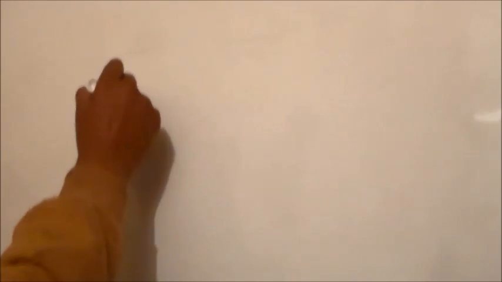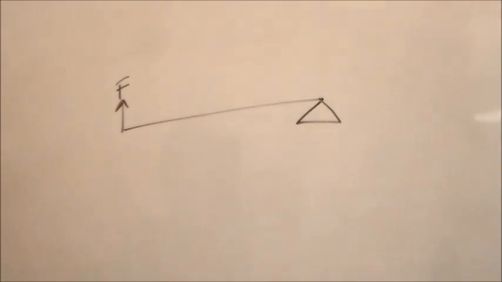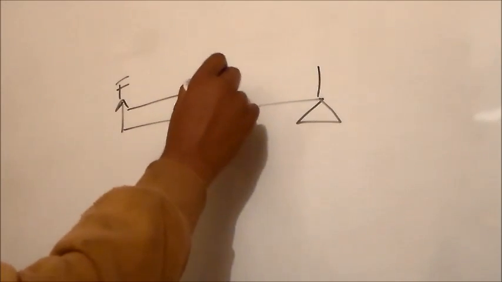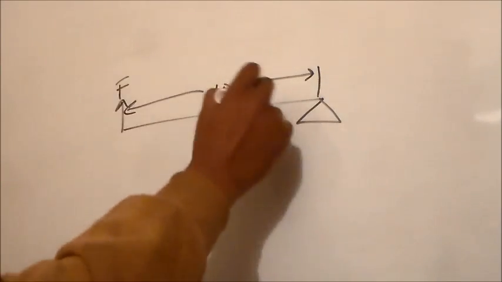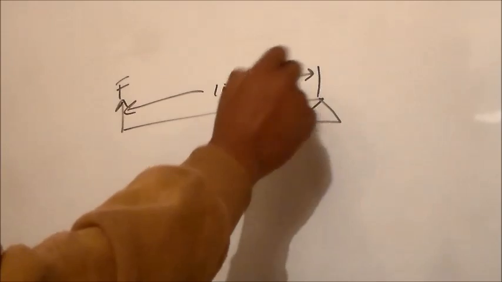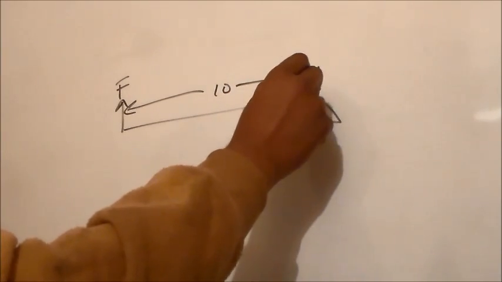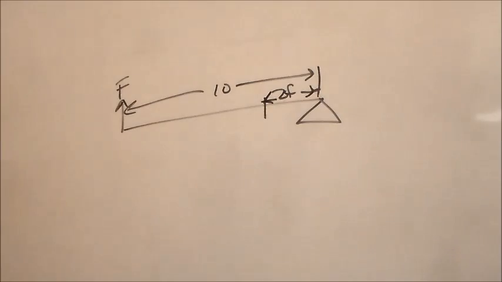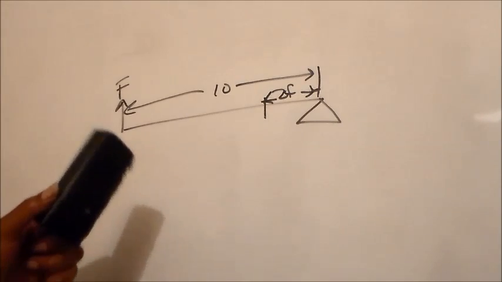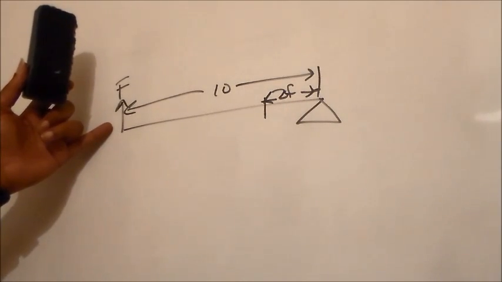You could have another type of question where they give you an upward force and a fulcrum down there, and they'll say this is 10 feet, and a 2 feet measurement, and they would want to know what is the mechanical advantage if we apply our force here.